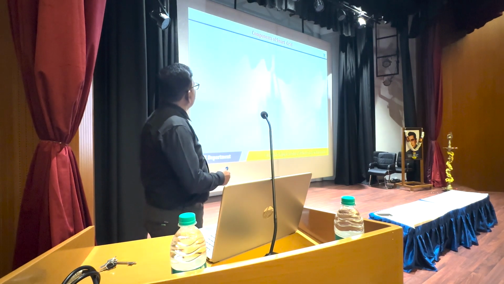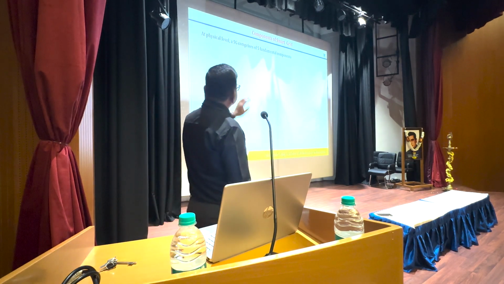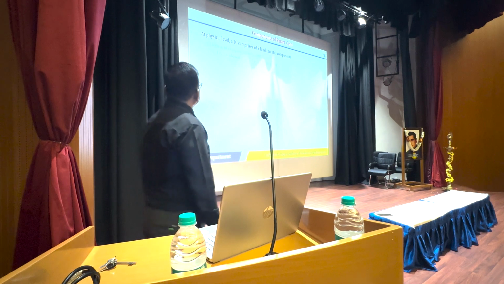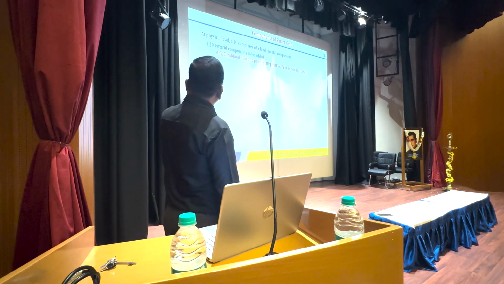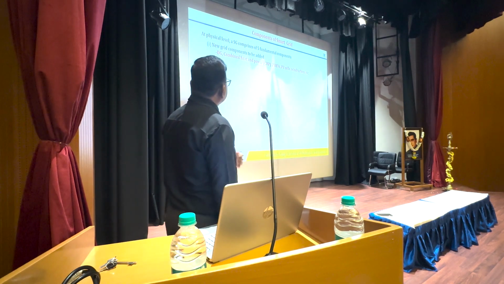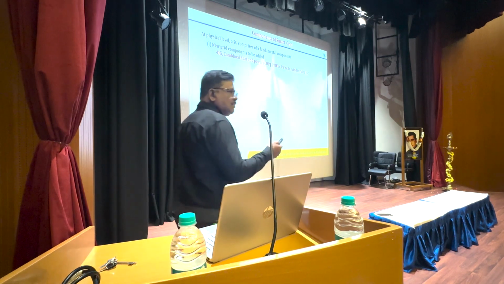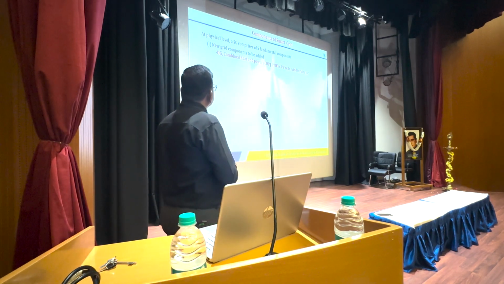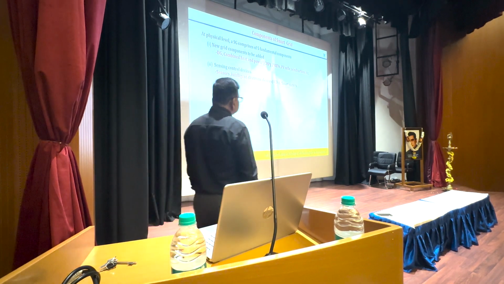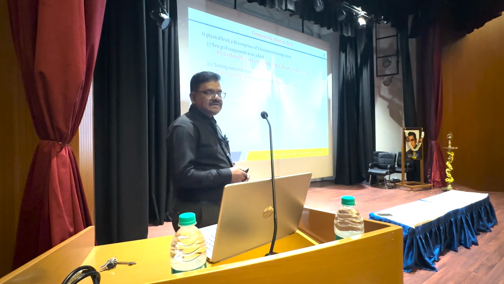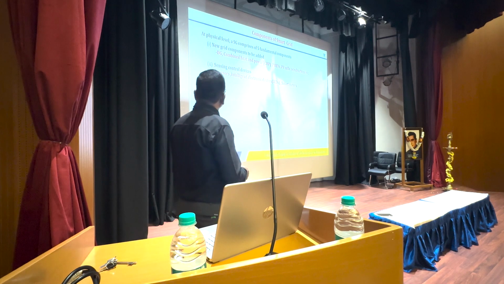So let us take the components. At the physical level, the smart grid comprises 5 fundamental components. What are those? New grid components are added to our conventional system: distributed generation, combined heat and power, plug-in hybrid electric vehicles, PV cells, wind turbines, etc. These are the new grid components to be added. Then sensing and control devices. Under this, sensors, IEDs, that is intelligent electronic devices, and smart meters are used.